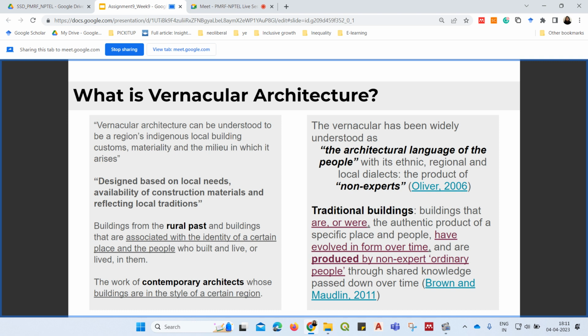The catch is that whatever the architectural style the architect is following, it has to belong to a style of a certain region, and it has to incorporate the traditional construction techniques, the building materials, and even certain design elements for it to be called of a particular vernacular style.